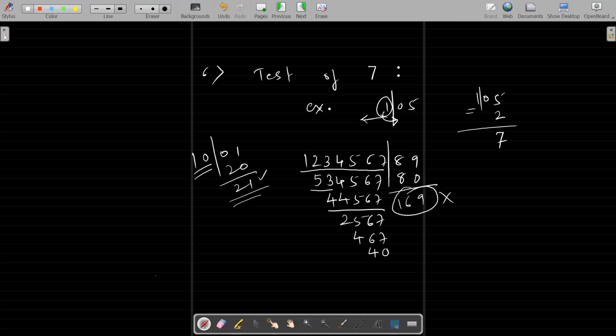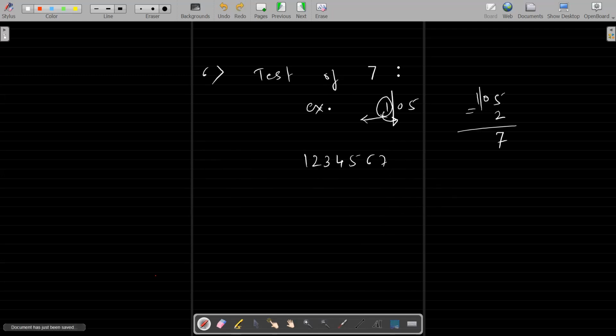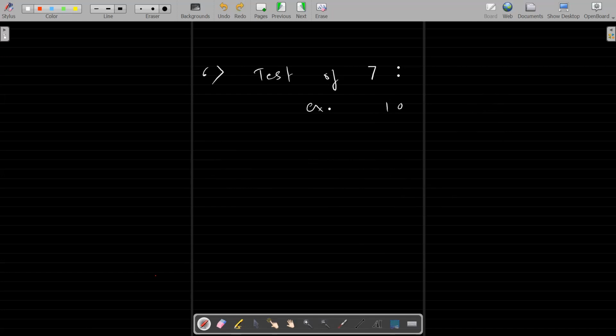So there is one more method for divisibility of 7. In fact, let me tell you, someone said about mod. Using congruence, we can give various tests.